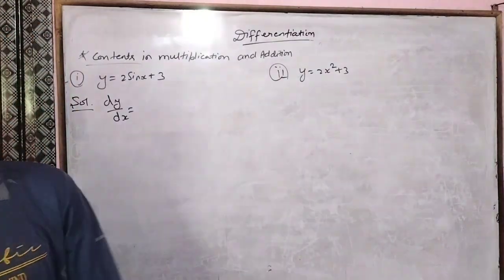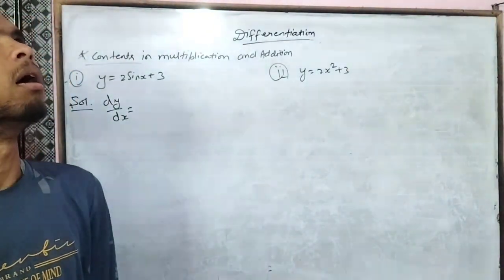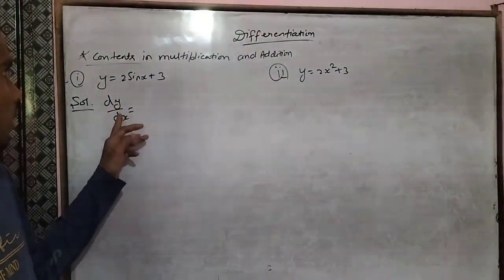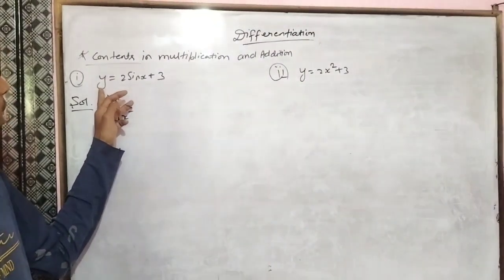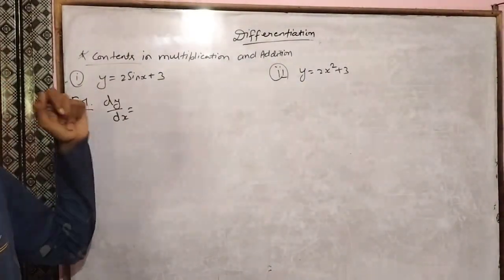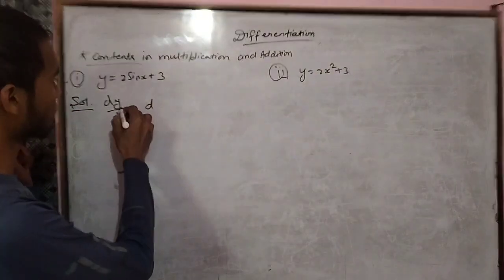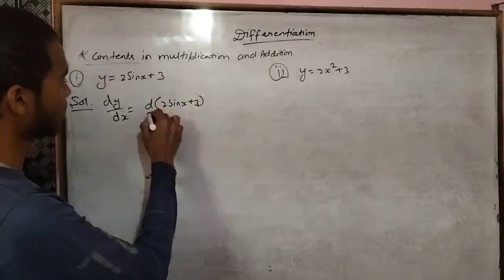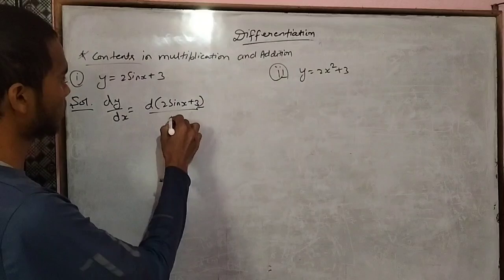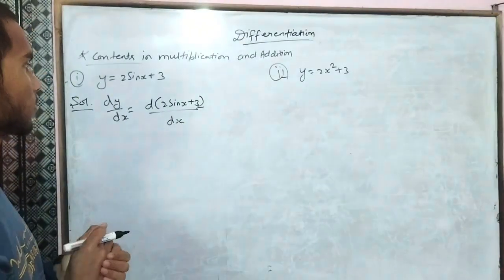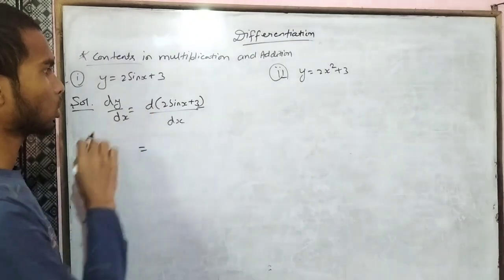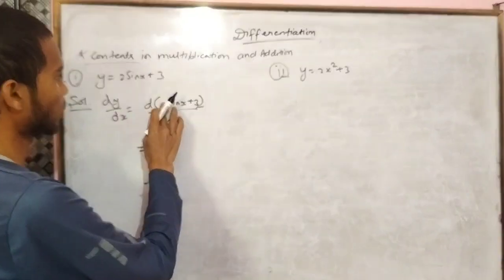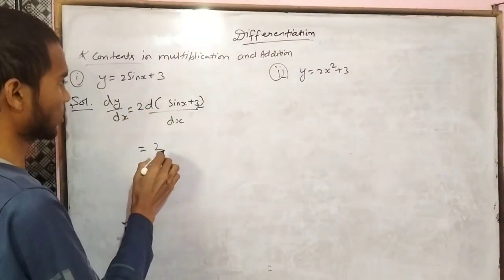So here we have the question, in place of y is 2 sin x plus 3, d by dx. So 2 will be as it is. 2 will be as it is.